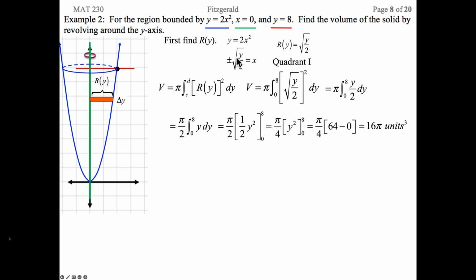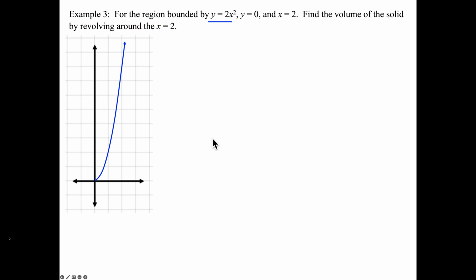Now, let's move our axis of rotation to some other location. So again, same blue curve, y equals 0, that's the x-axis, x equals 2, so that same shape we had before, but now we're going to revolve it around x equals 2, this red line right here. All right, that's still horizontal.